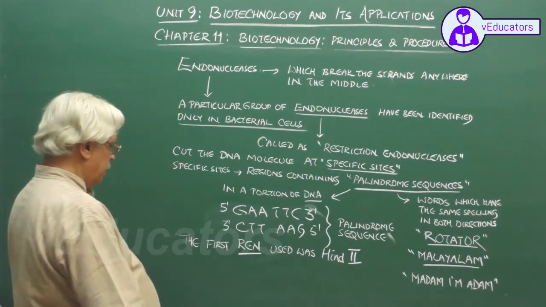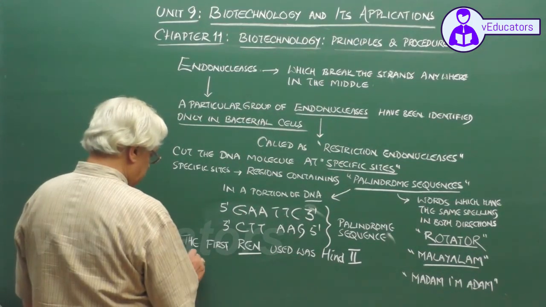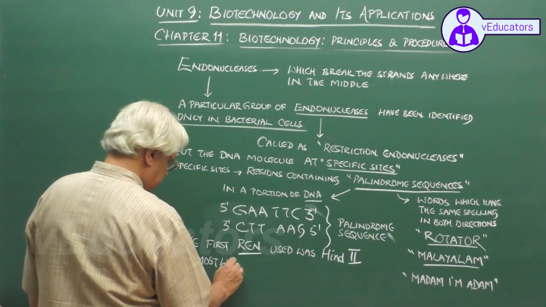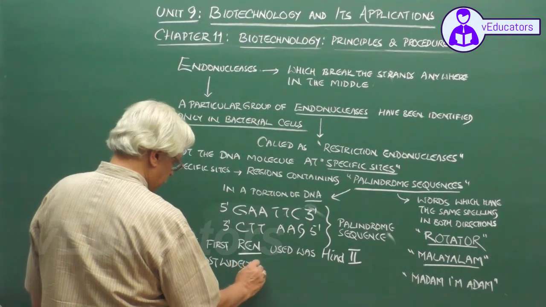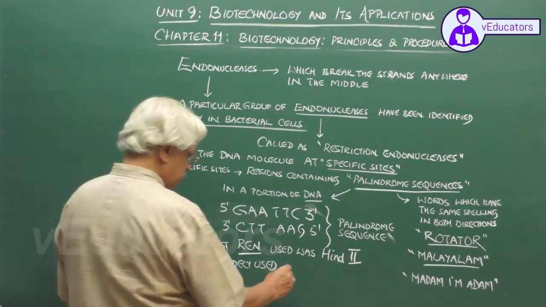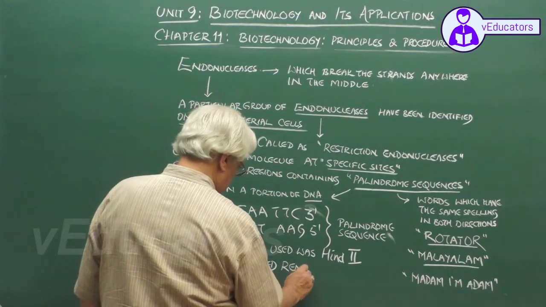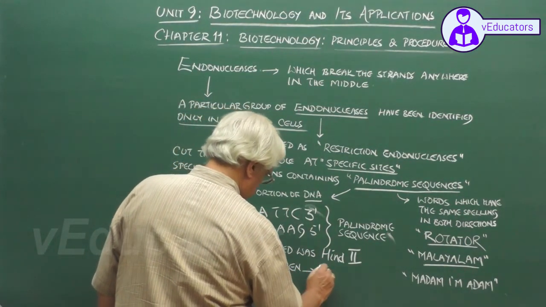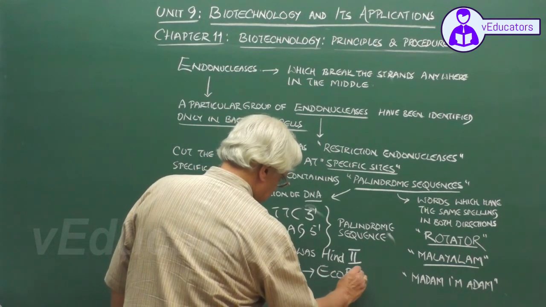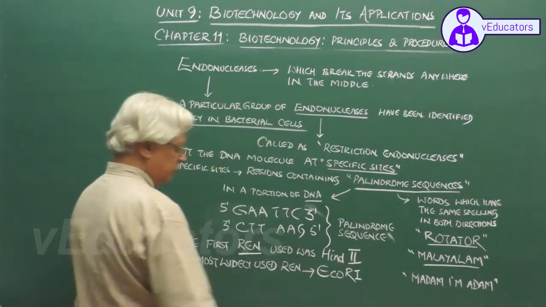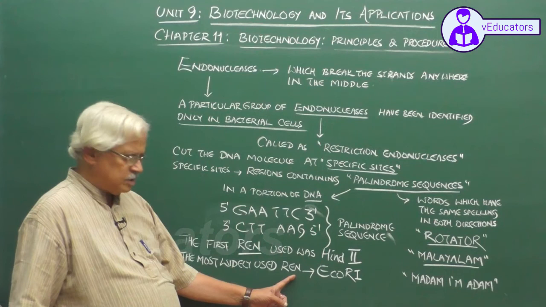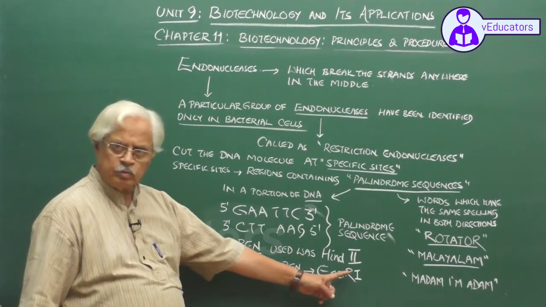And today the most widely used restriction endonuclease is EcoRI.